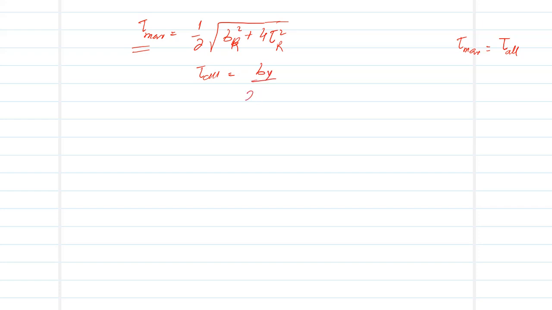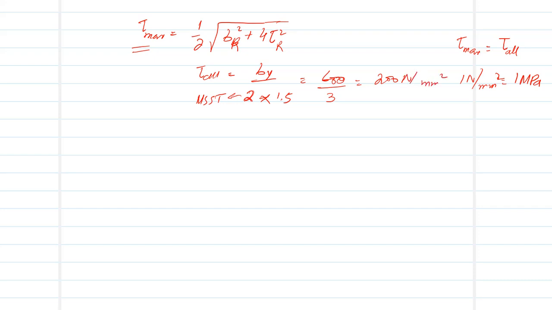This 2 is for the maximum shear stress theory, times the factor of safety, which is 1.5. Sigma y is 600. Because I'm using Newton per millimeter square, remember, don't confuse it: 1 Newton per millimeter square is equal to 1 megapascal. Because I'm using all the units in millimeters, I'm also using the stress in those units. 600 divided by 3, so it's 200 Newton per millimeter square.